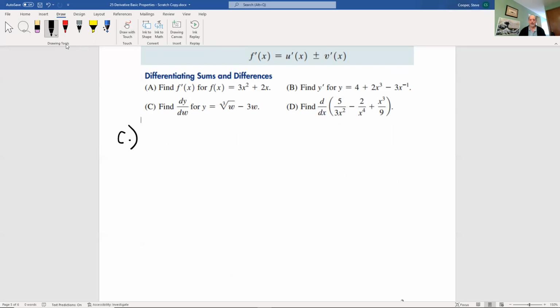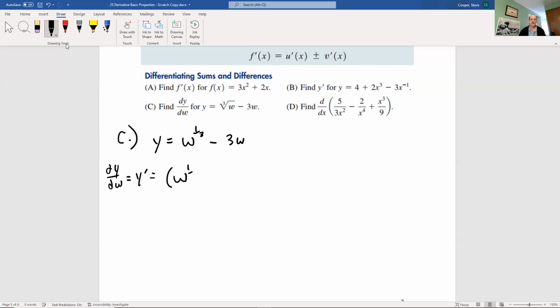Okay, so if I've got y equal, I'm going to rewrite this while I'm at it. So that's w to the 1/3 power, and then minus 3w. And y prime, or here they're asking for dy dw, same thing as y prime.